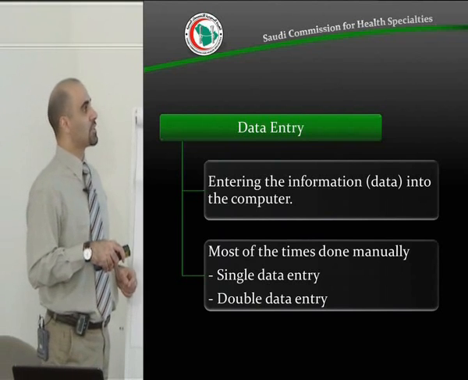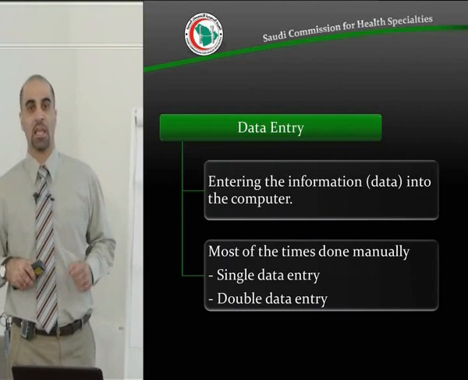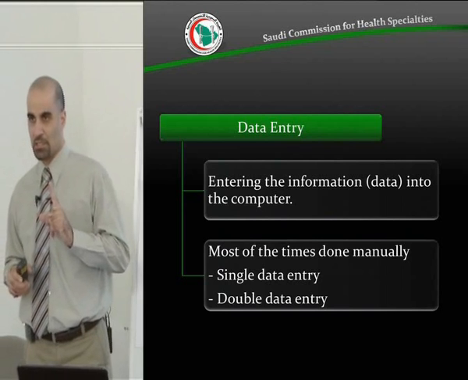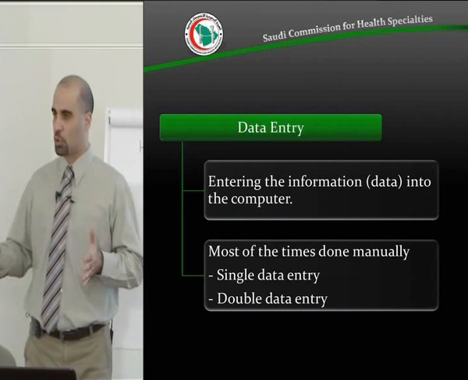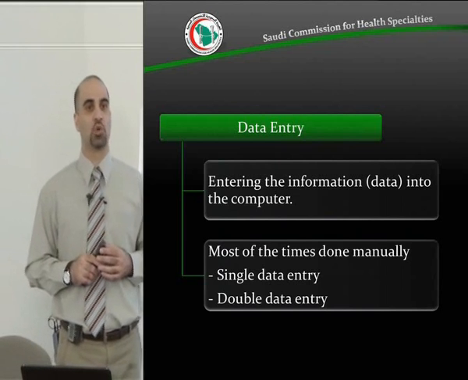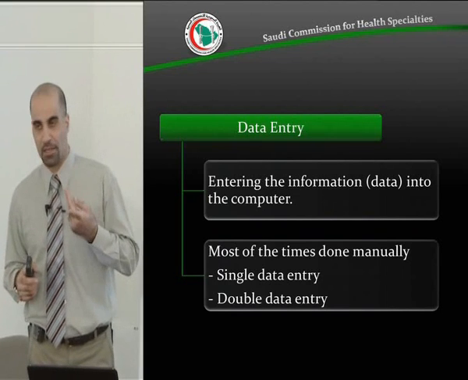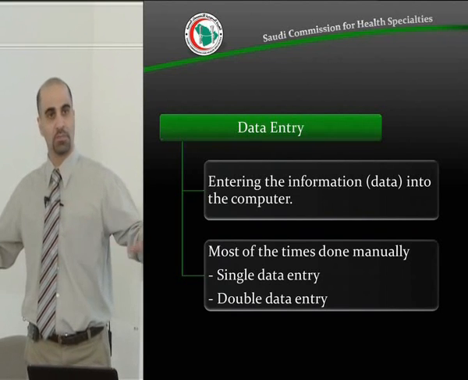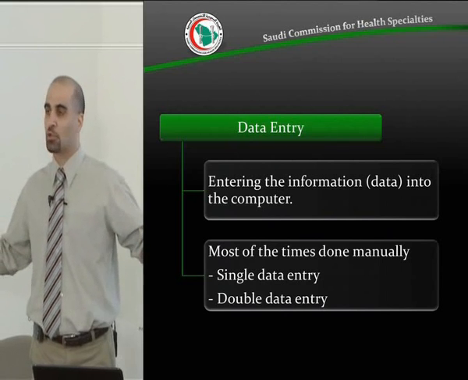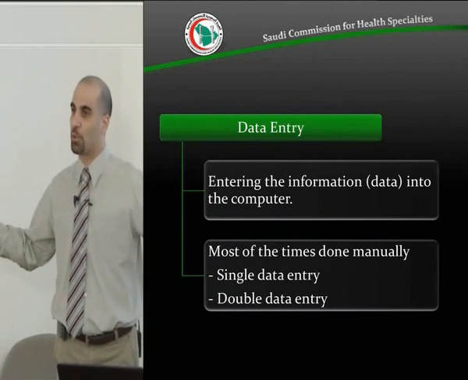Now, most of the time it is done manually, but you have something called single data entry and double data entry. Single data entry is when the data is entered once, only once. So you have one computer, and 2, 3, 4 people alternate on entering the 300 questionnaires that you have. Okay? But sometimes I might decide to do double data entry. What does it mean? I have 2 rooms, 2 computers, 2 sets of the questionnaires, and 2 different people or different sets of people will enter the data into the 2 computers.